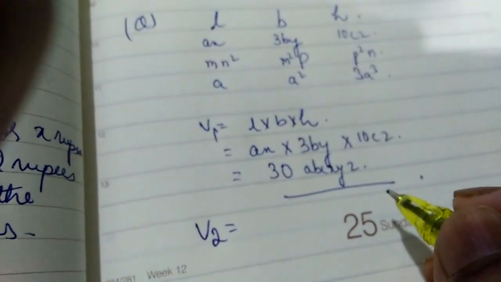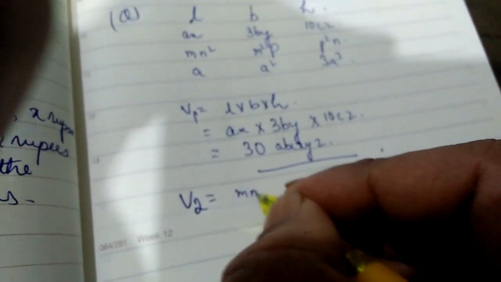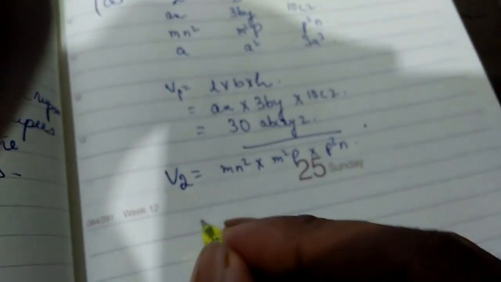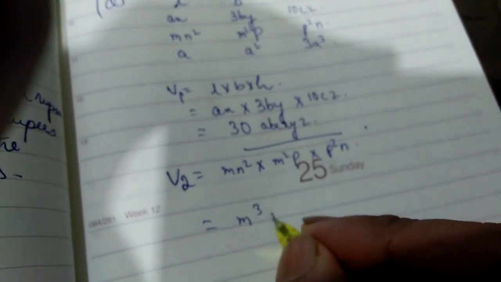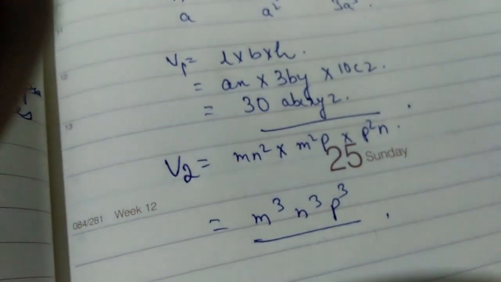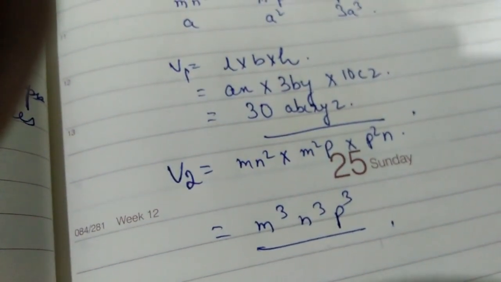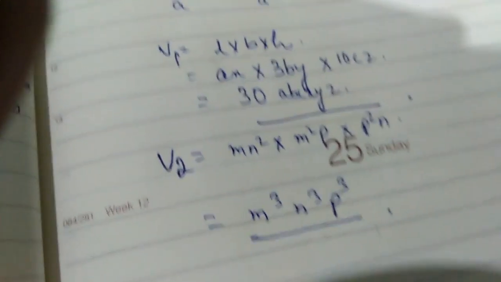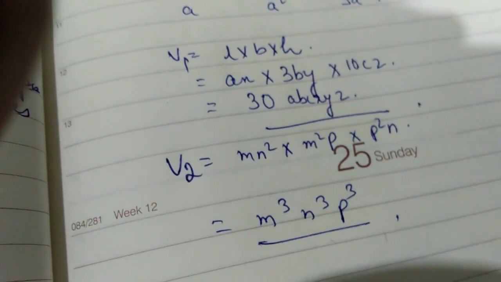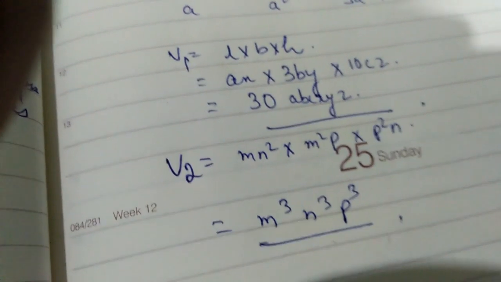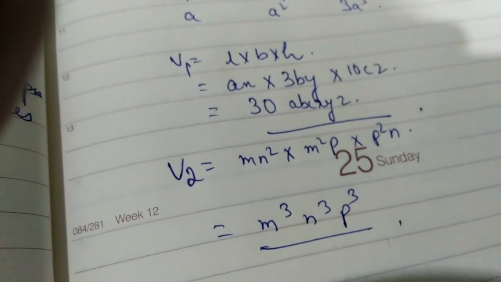So volume 2: mn square into m square p into p square n, which is m cube n cube p cube. For the third one you can do it yourself, that should be simple enough. I'm going to leave it to you for an exercise. So questions based on these will be simple, and the above discussion should be good enough to understand any concepts and solve any questions.